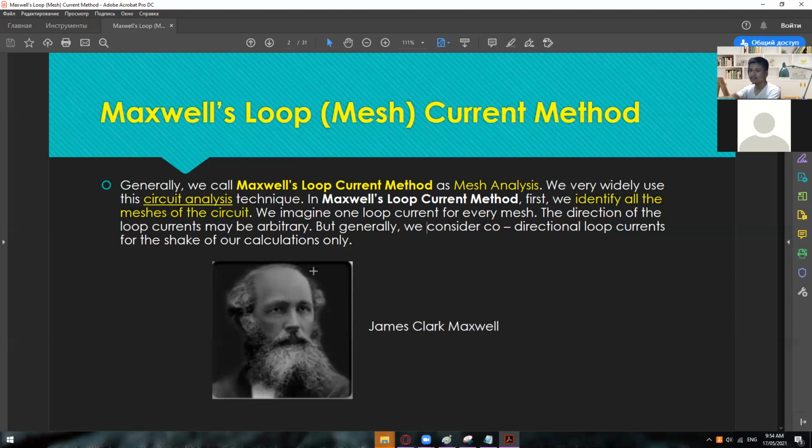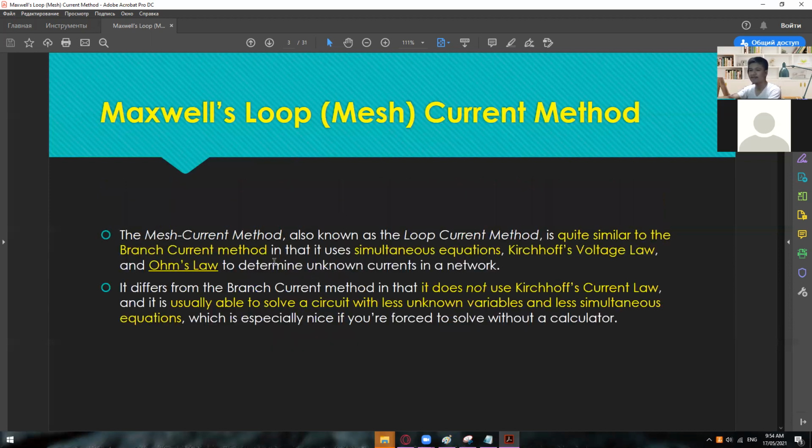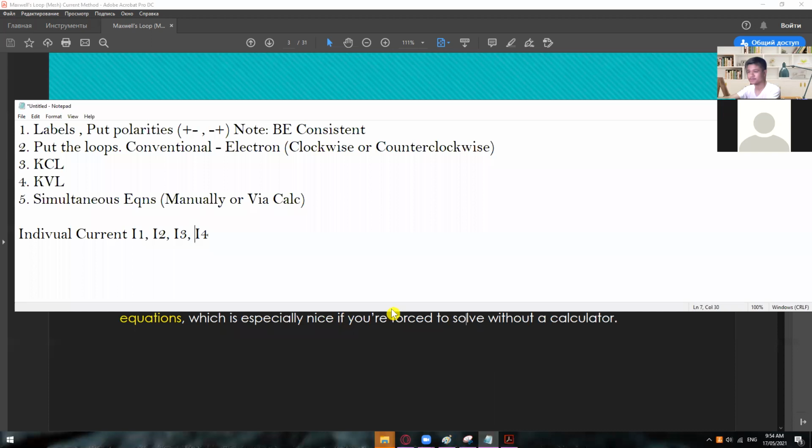Anyway, this is the guy who was able to found that idea about Maxwell loop current methods, which came from his last name, James Clerk Maxwell. The mesh current method, also known as the loop current method, is quite similar to the branch current method. Let me just clarify this one.